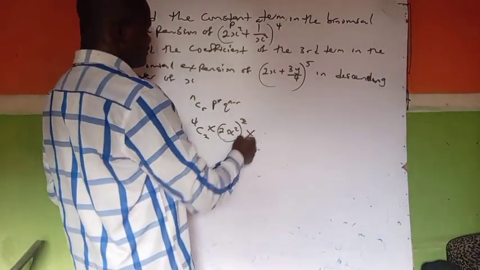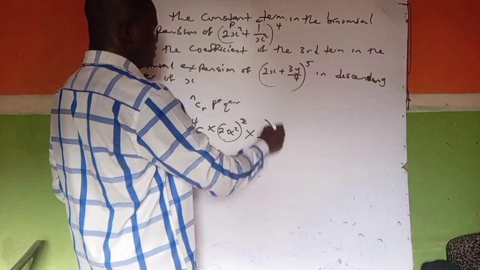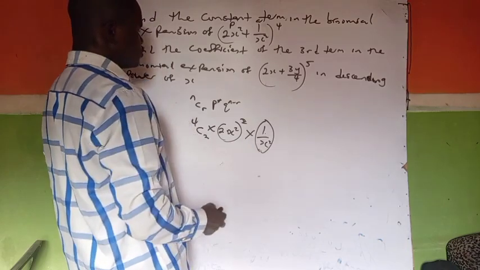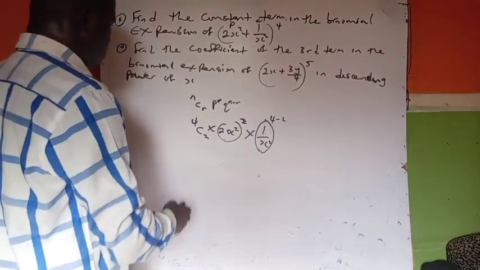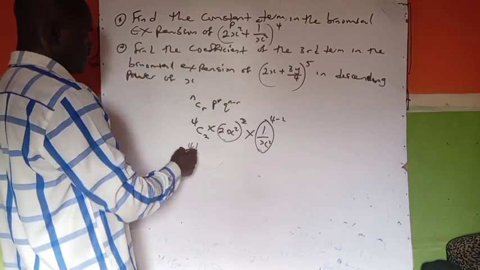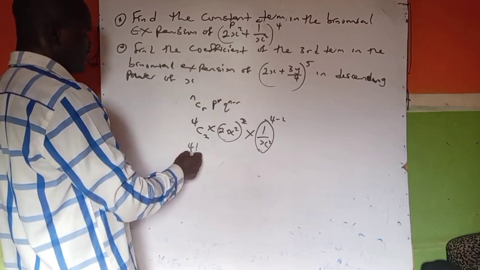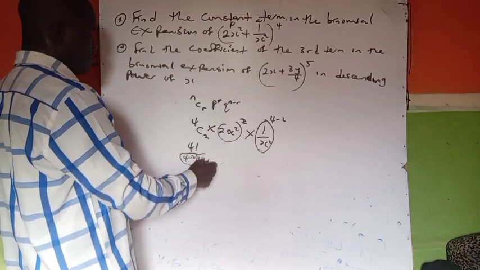Then times 1 over x squared raised to power 4 minus 2. So what you have here is 4 factorial over 4 minus 2 factorial, 2 factorial.